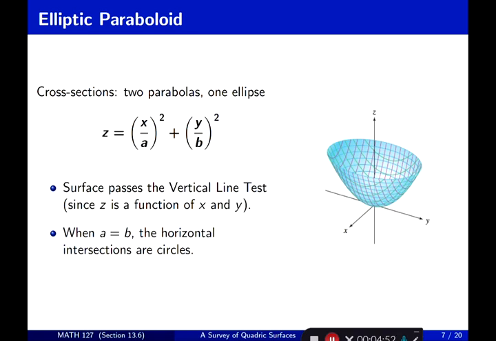And this is the picture. If you see all the cross sections, if you take any plane that is parallel to YZ or XZ, you get parabolas. If you take any horizontal plane that is parallel to XY, you get ellipses.